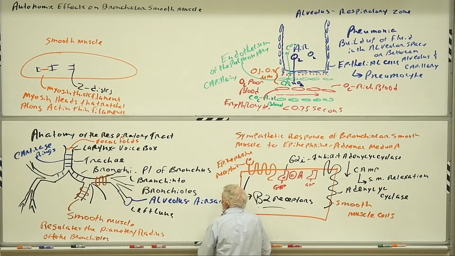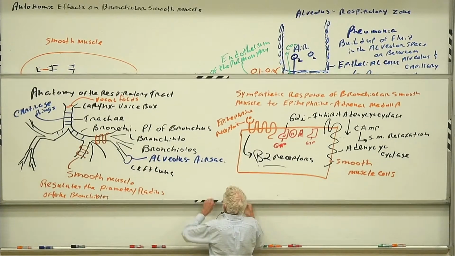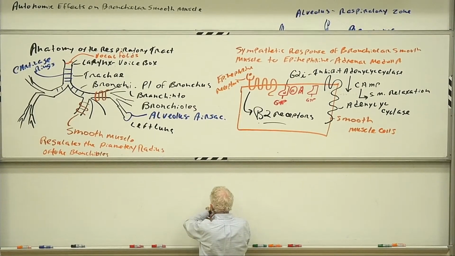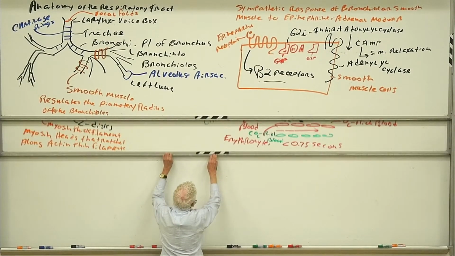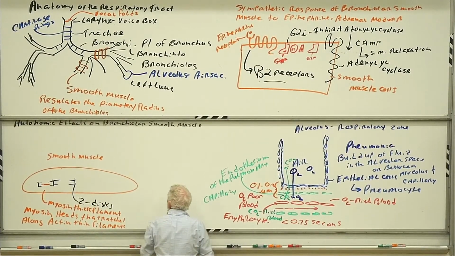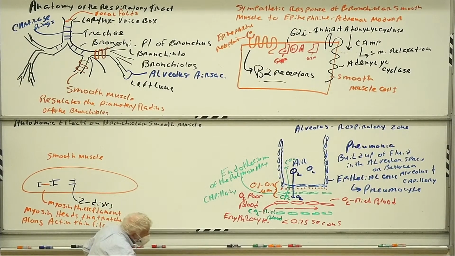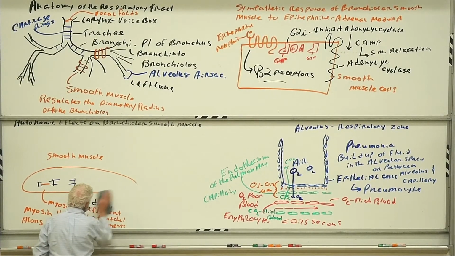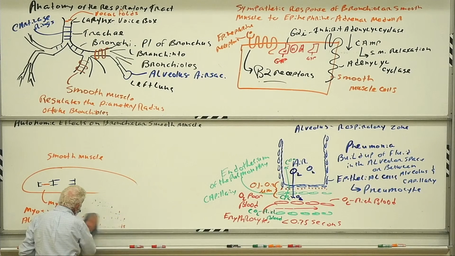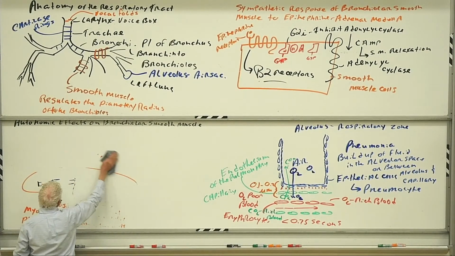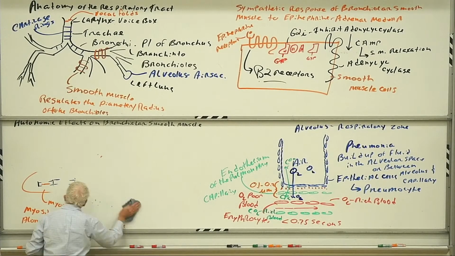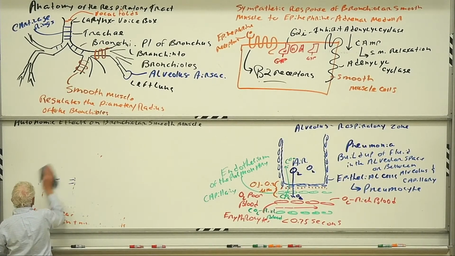Then down here on the other panel, we're going to tell the same story. Let me erase this and we'll tell the same story with another smooth muscle cell. It could be the same smooth muscle cell. But in this case, we're going to talk about the parasympathetic effect on bronchiolar smooth muscle.